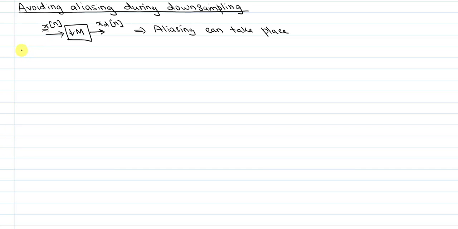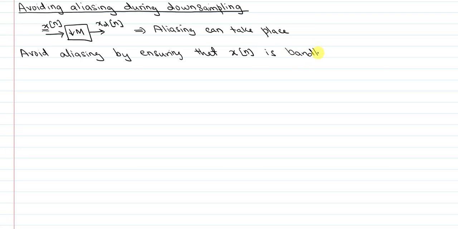So avoid aliasing by ensuring that x[n] is band limited to pi over M radians per sample.